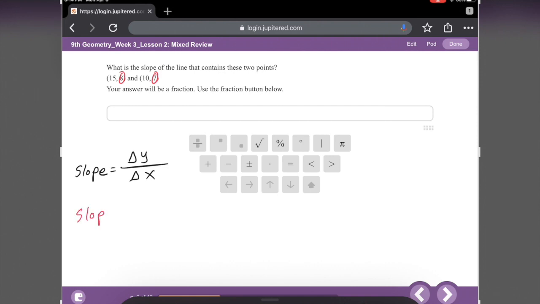So the slope will be equal to, in this case, 8 minus 7 divided by, and then delta x is going to be 15 minus 10. Okay, so we're going to get from that, looks like 1 over 5. Our slope is 1/5. Okay, good, so that ought to be the answer.